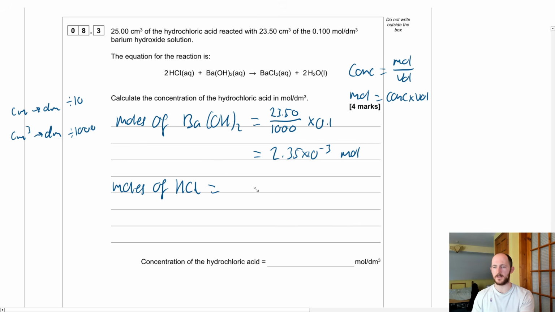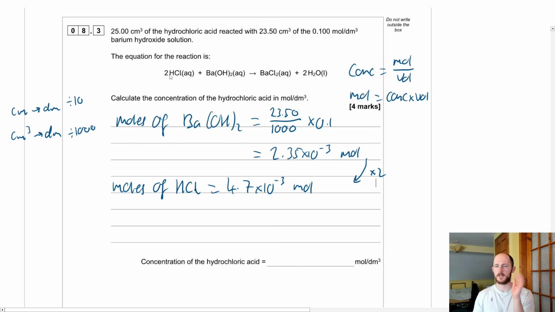Never mind, I'm being stupid. So don't forget, the barium hydroxide is 2.35, but this is 2 times that. So we just times this by 2, which would give us 4.7 times 10 to the minus 3. Because again, you're multiplying by 2 because there's a big 2 in front of the HCl.